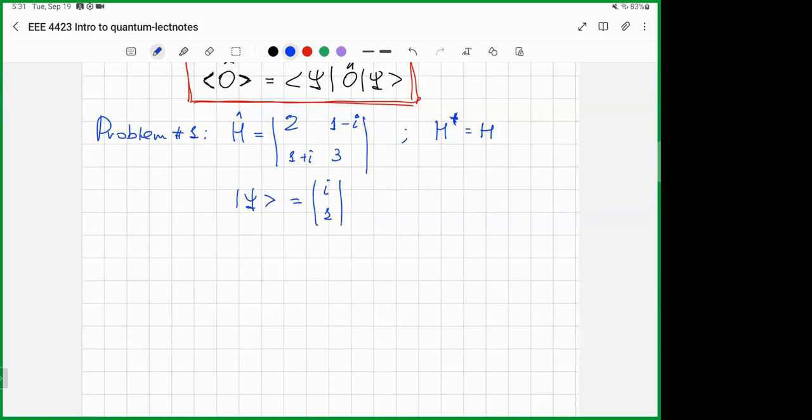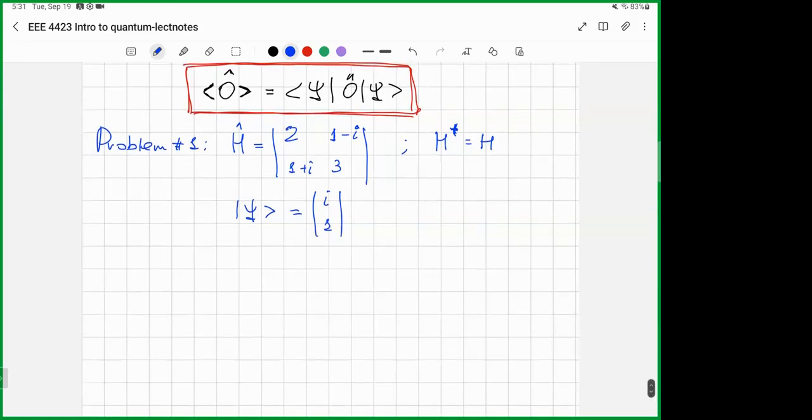Now I'm asking, if I have a system that has an observable, for example energy, with this operator H, and I prepare my system in this state psi, what will be the expected value for this quantity?